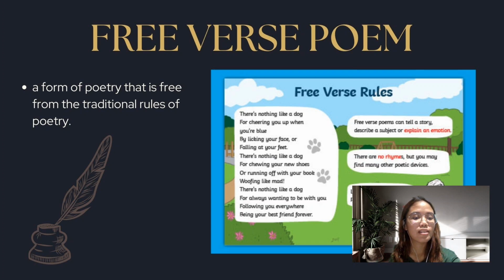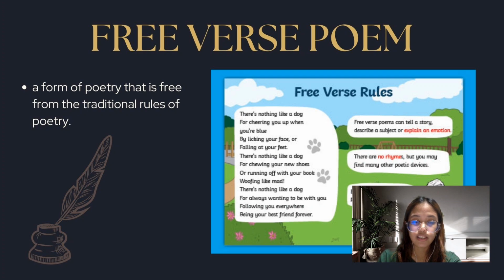So it says here in the example that a free verse poem can tell a story, describe a subject, or explain an emotion. There's no rhyme, but you may find many poetic devices, and lines can be sentences, phrases, or even single words. As you can see in the example here, the first three lines are actually one sentence in total, but in the second line, it was cut into two lines.